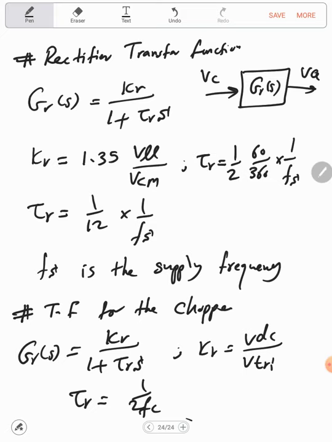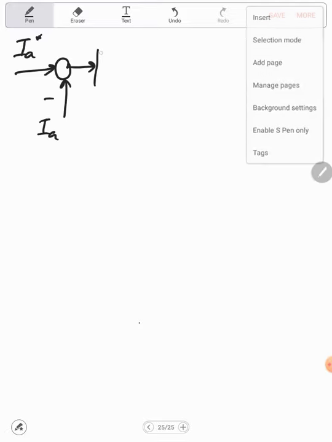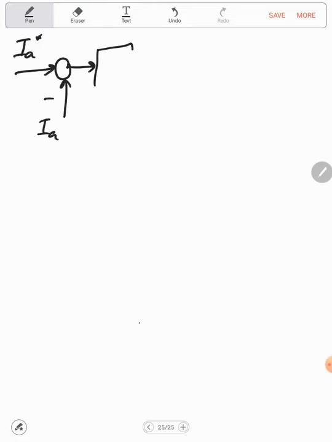Now, here I'm using pulse width modulation, so let's assume that I'm doing a current control. This will be the IA reference. I will compare it with the actual current IA. Then I have a PI control, which will give me VC, the control signal.